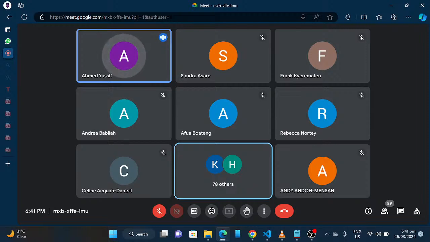So the first thing I want you to know about warfarin is that warfarin is a racemic mixture.